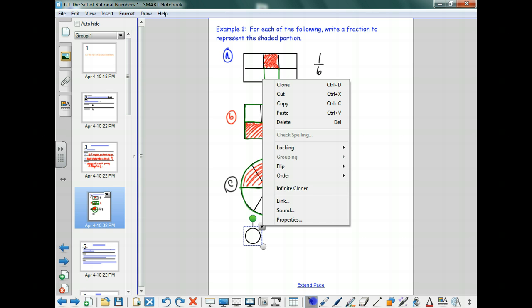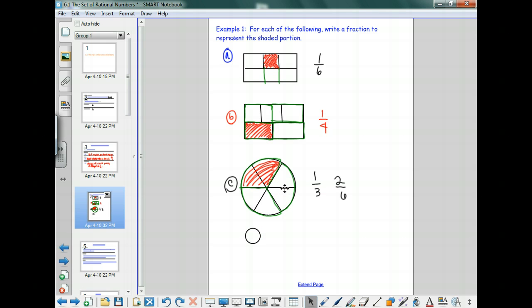I can also do clone, which automatically does the copy and paste. What I want to do is infinite cloner, which will let me do the following. I can drag identical images off the top of the one that I've infinitely cloned. What do I have?